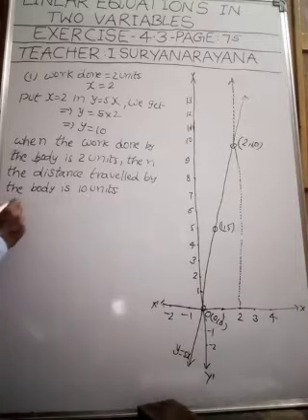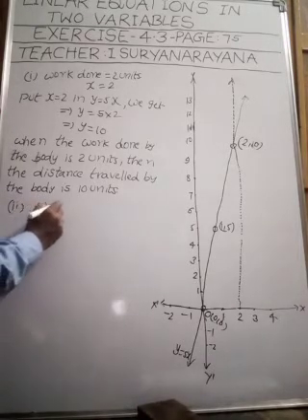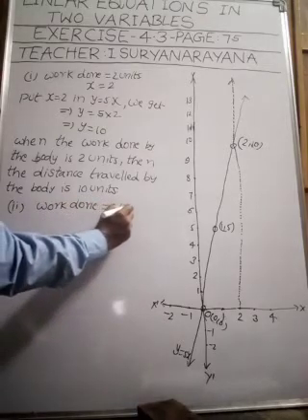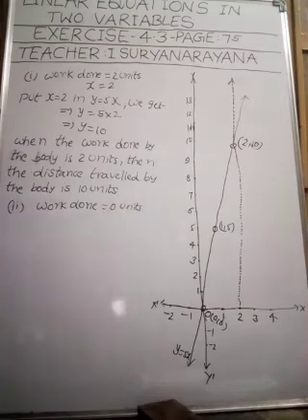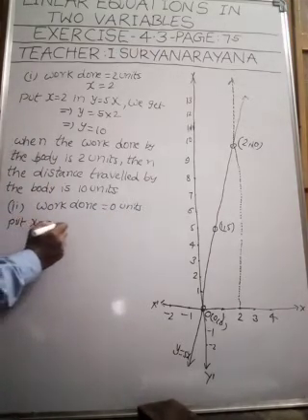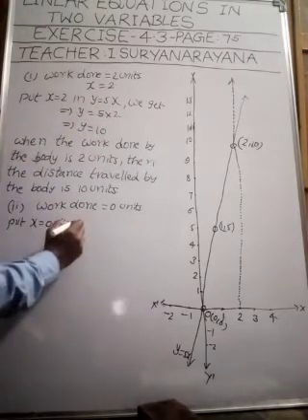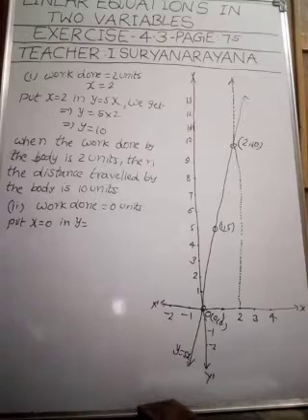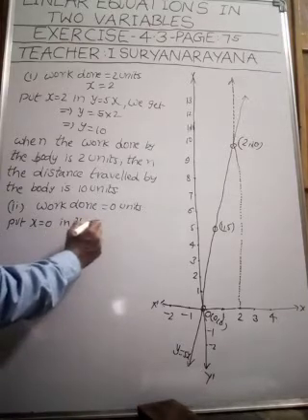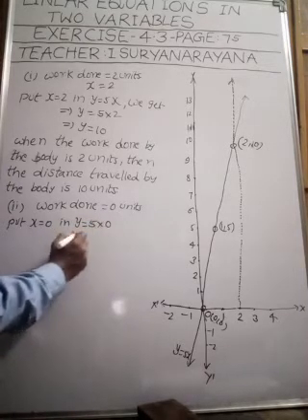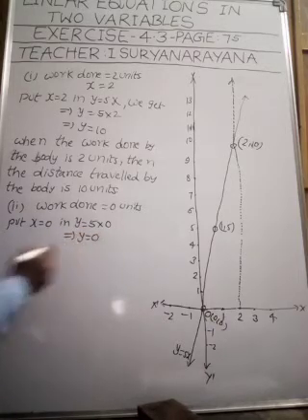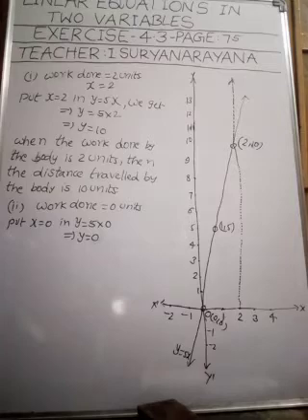Similarly, second point, work done by the body is equal to 0 units. So put x is equal to 0. We are finding the y value algebraically. This process is called solving the equation for y algebraically. So 5 into 0, then y is equal to 0. Then what do you write here?